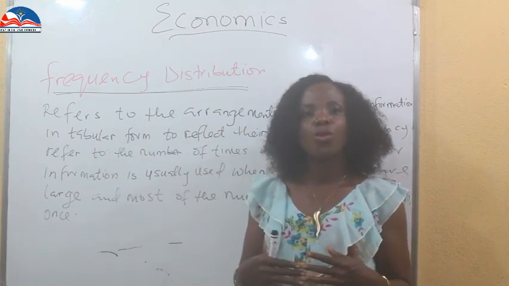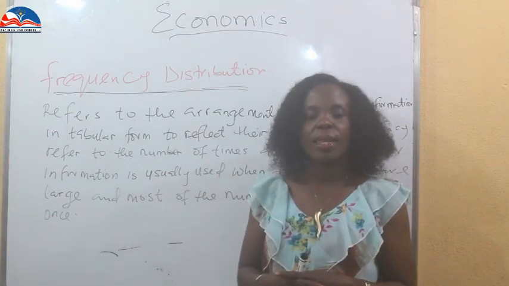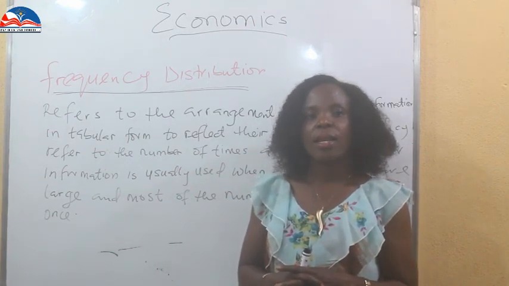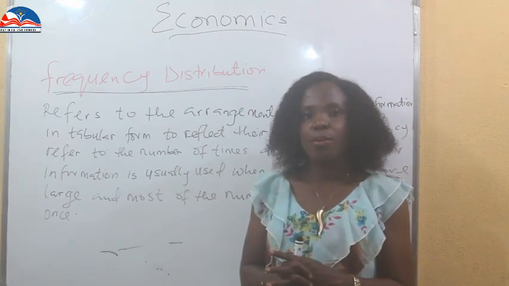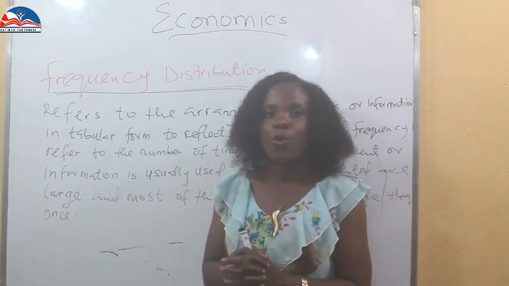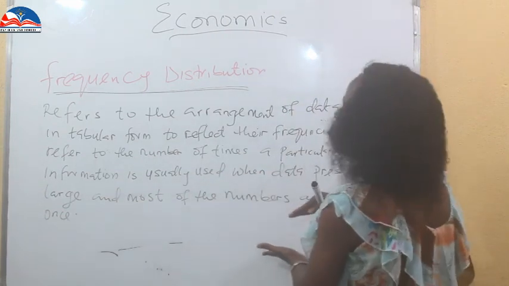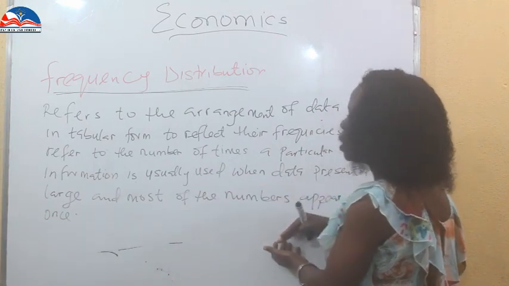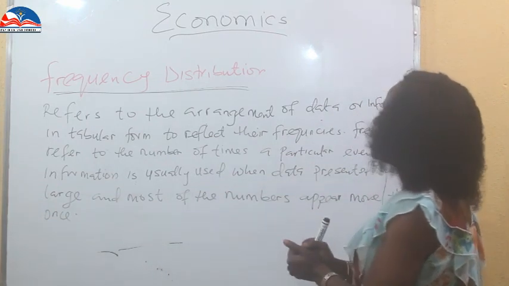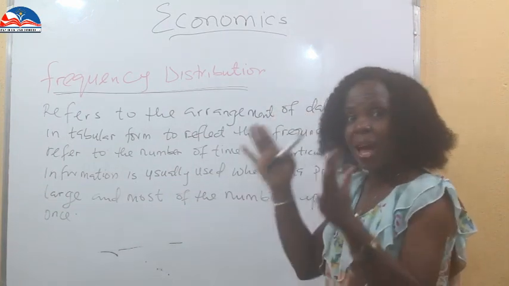How are we able to use this data to analyze things economically? I'm going to use an example to show you how frequency distribution is tabulated. That will explain the meaning of frequency distribution. Remember I said it is the arrangement of data or information in tabular form.